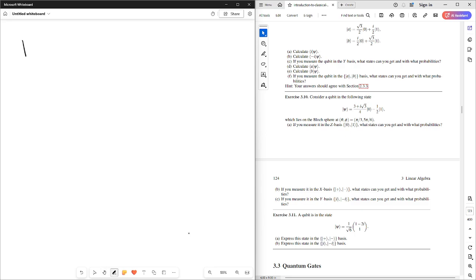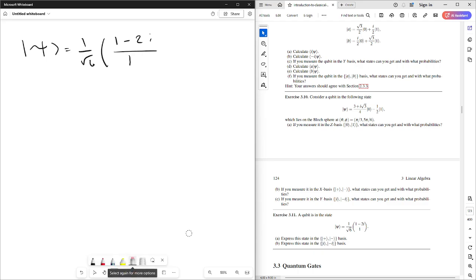So let's say psi equals 1 over square root of 6 times the vector (1 minus 2i, 1). So express this state in the plus minus basis.